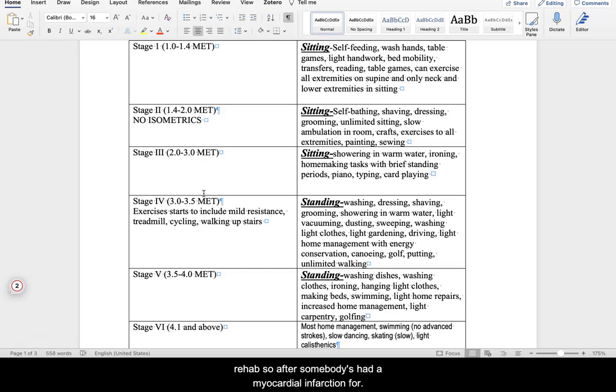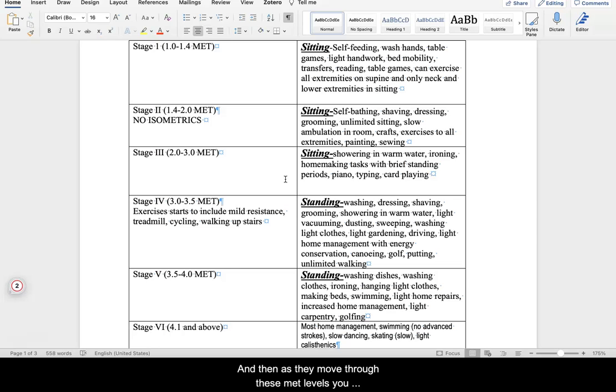After somebody's had a myocardial infarction or an open heart surgery, also known as a CABG, coronary artery bypass graft, you understand what physical activities they're able to engage in based on the functioning of their heart, based on their MET level. So you know if they're at MET level between 1.0 and 1.4, they're able to do self-feeding, they're able to wash their hands, able to do light tabletop activities.